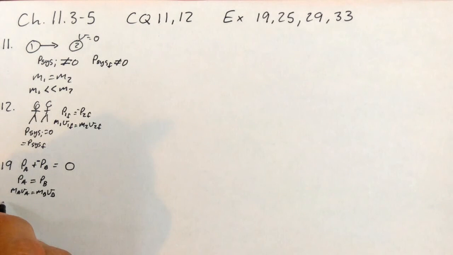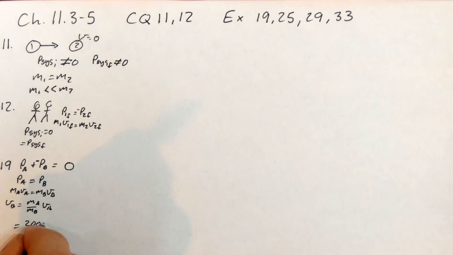Let's go ahead and solve for the velocity of the little car. So VB is just MA over MB times VA. Plugging in our numbers, we get 2,000 kilograms over 1,000 kilograms times 1 mile per hour. So solving for that is going to give us 2 miles per hour.